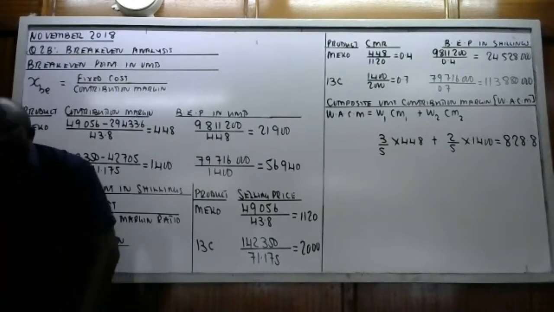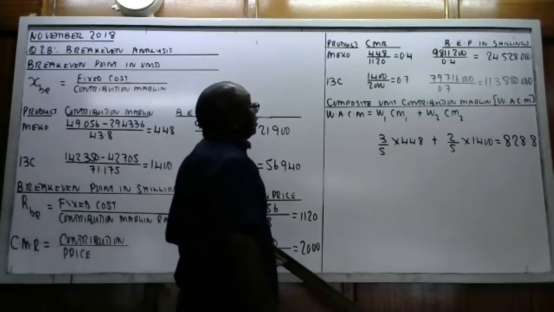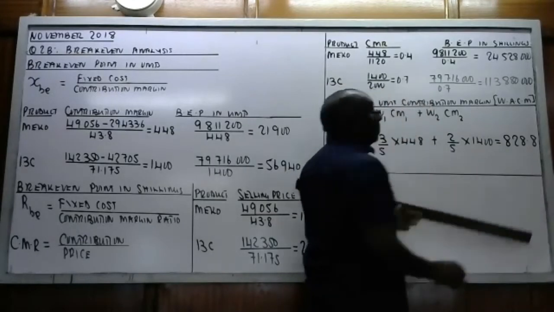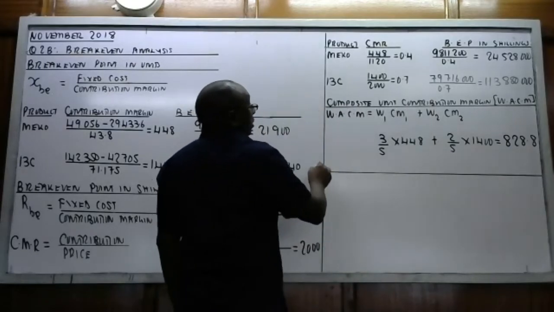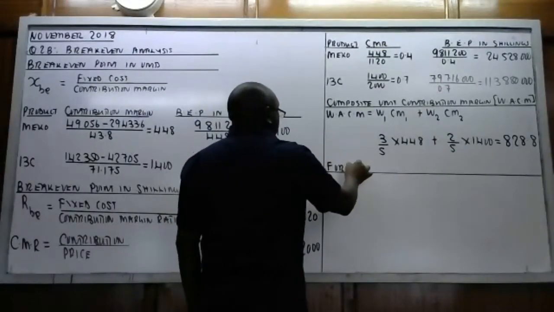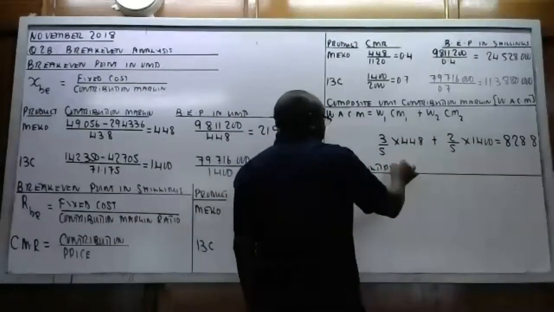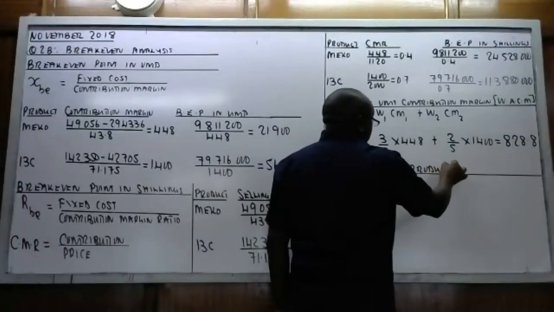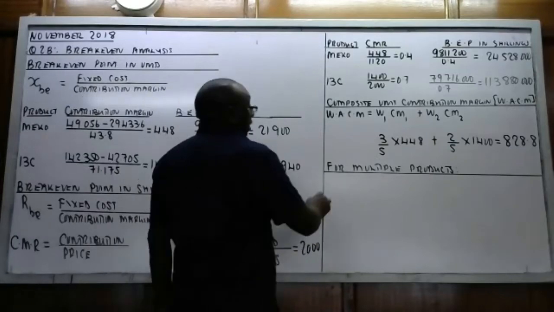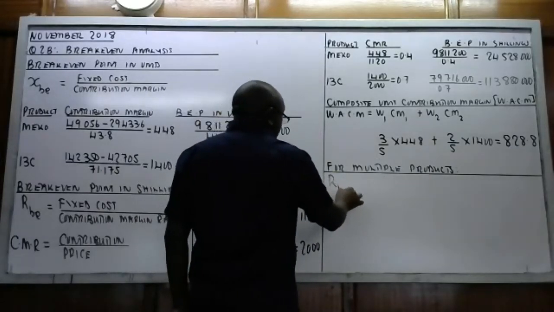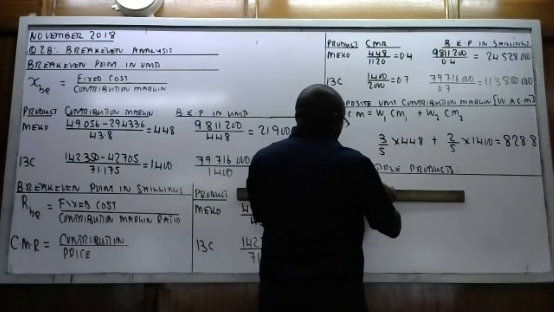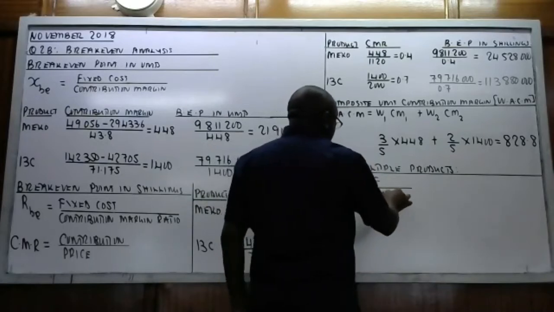So when you're dealing with multiple products, RBE is given as F, you divide by WACMR.